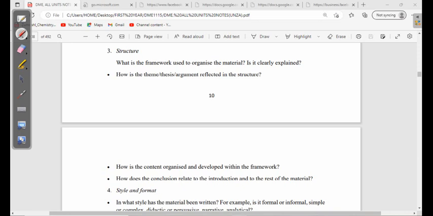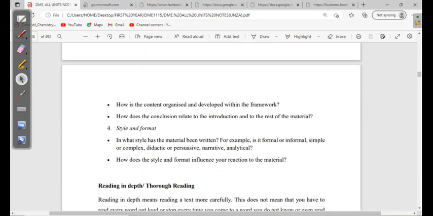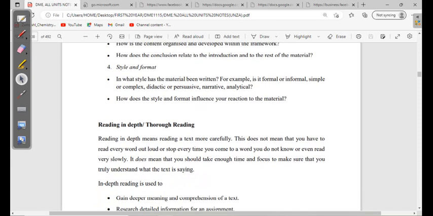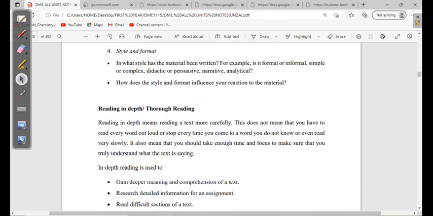Okay, so that is about the structure of the material. And how is the content organized and developed within the framework? How does the conclusion relate to the introduction? You need to know that when you are reading, the introduction states the main point of the idea, and then the conclusion is going to again talk about the introduction. So when you write a story, make sure that the conclusion is agreeing with the introduction.